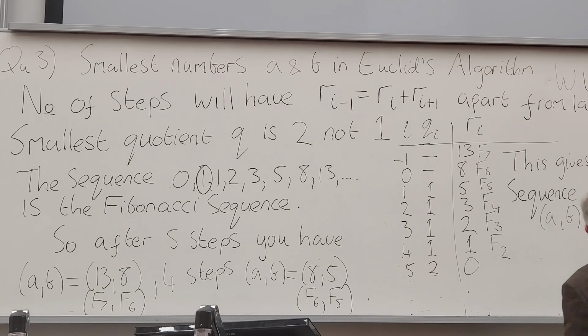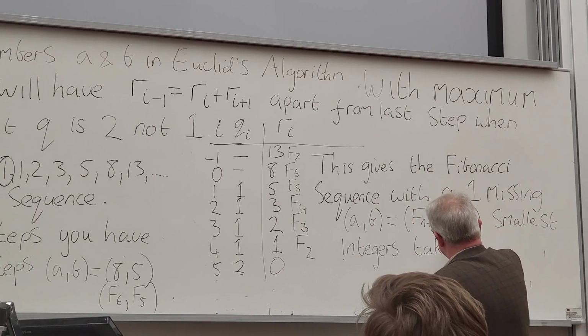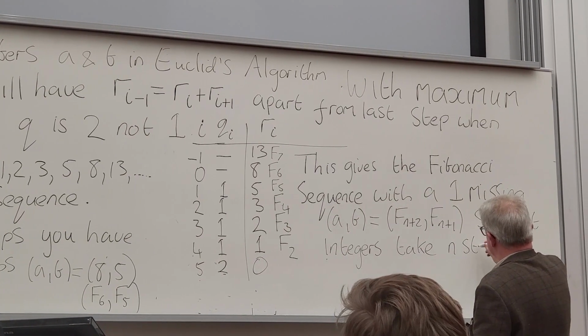So AB is Fn plus 2, Fn plus 1: the smallest integers that take n steps.